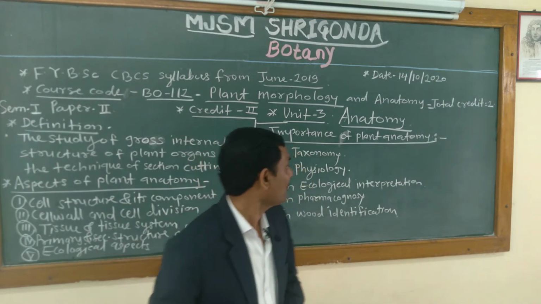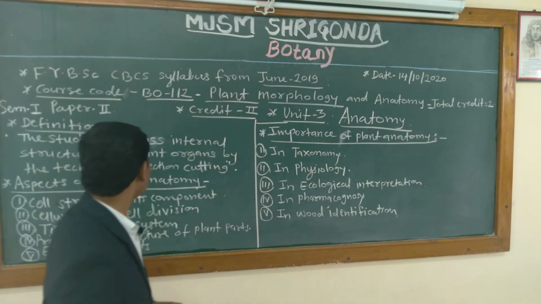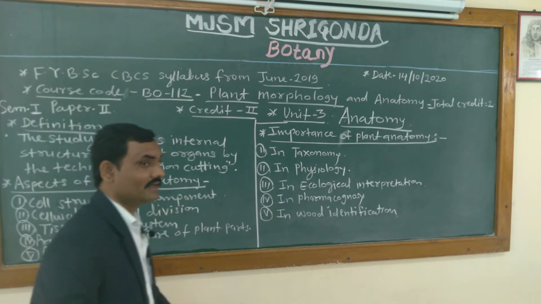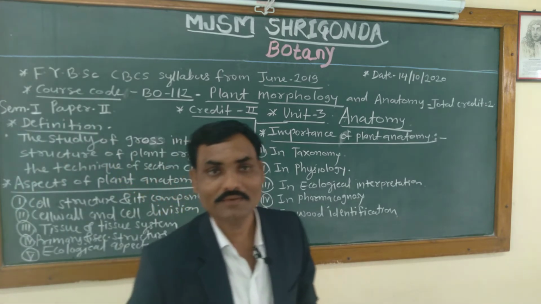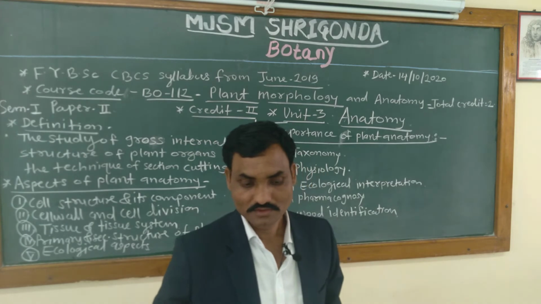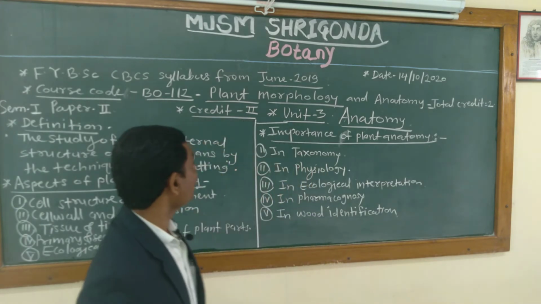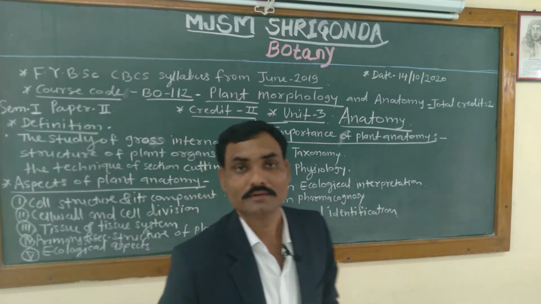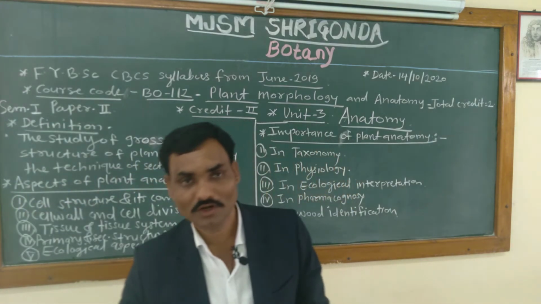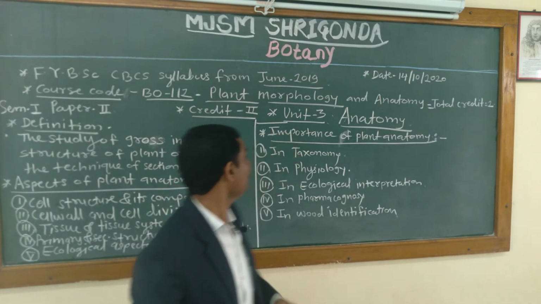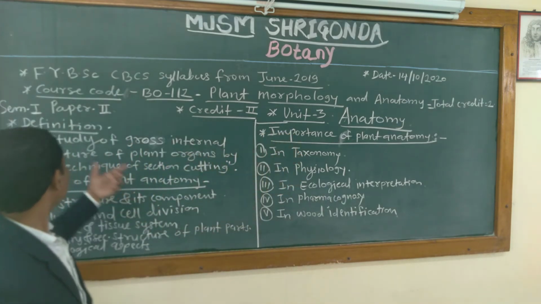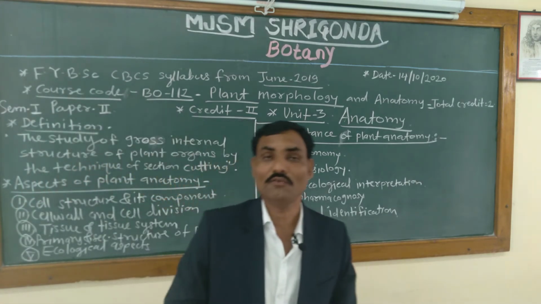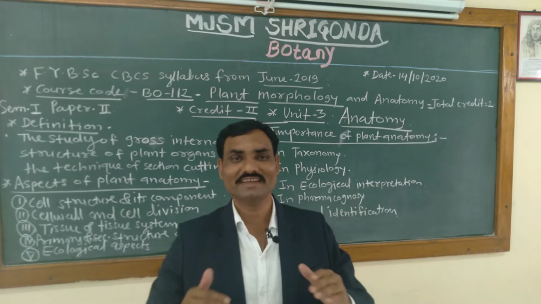When we learn about plant anatomy, there are different components related to different aspects. But before studying the aspects, first we take the definition of plant anatomy: the gross internal structure of plant organs.